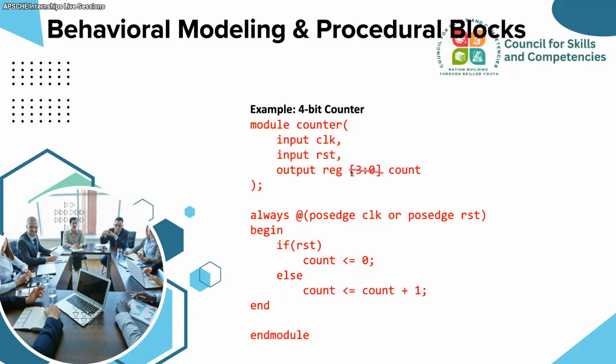Since it's a 4-bit counter, it goes from 0 to F. Then module, endmodule, begin, and this is the sensitivity list. Since it's a sequential circuit, we go for a non-blocking assignment.